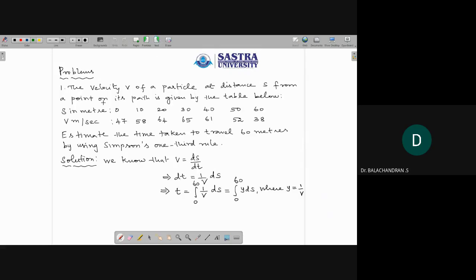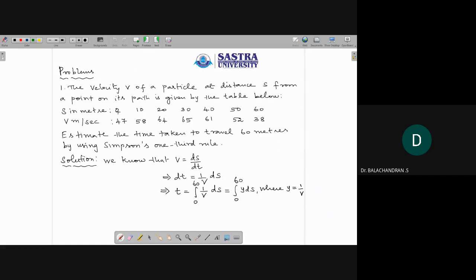So next problem. The velocity V of a particle at distance s from a point on its path is given by the following table.